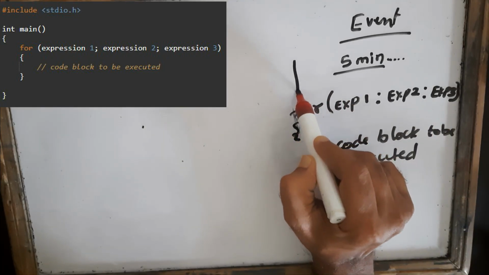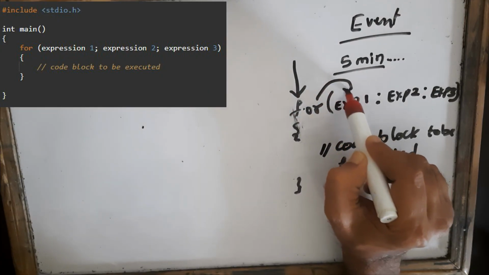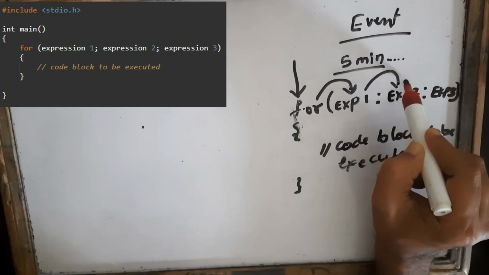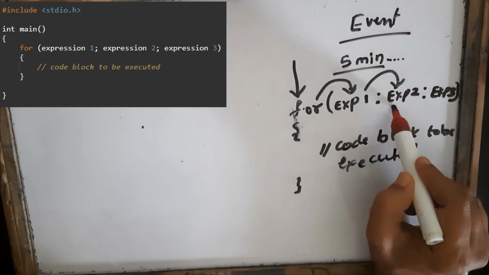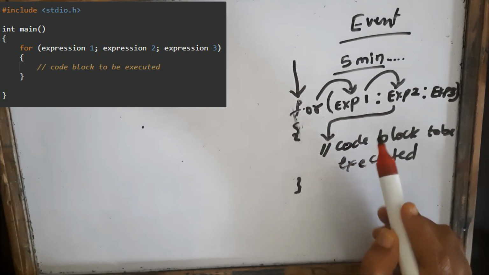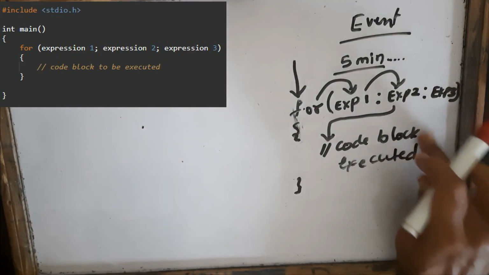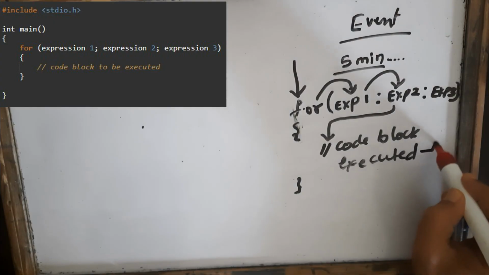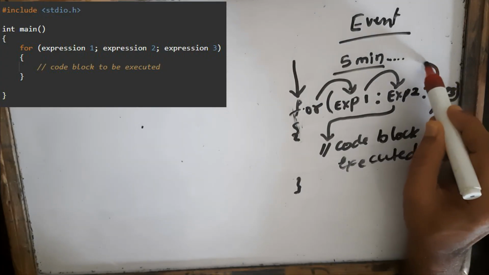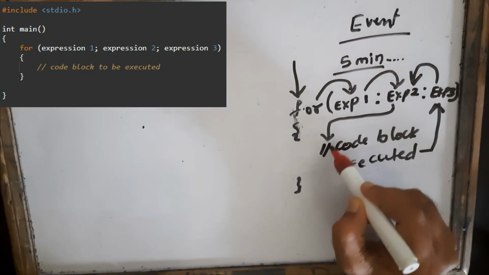Whenever the controller comes to the for loop, it first executes expression 1, then checks expression 2, then comes to the code block and executes it. Once that is done, it goes back to expression 3 and again to expression 2, then continues with the code block.